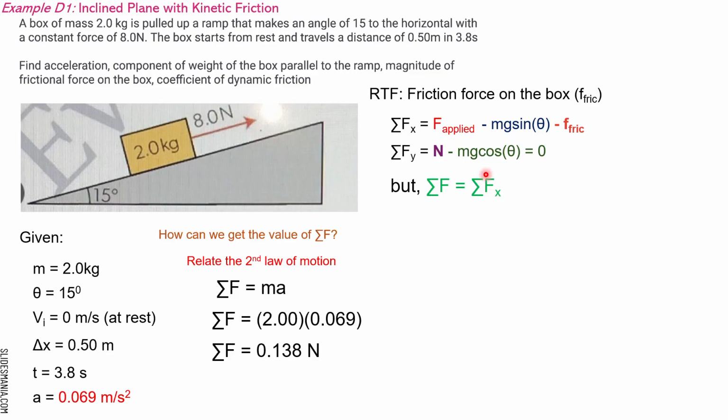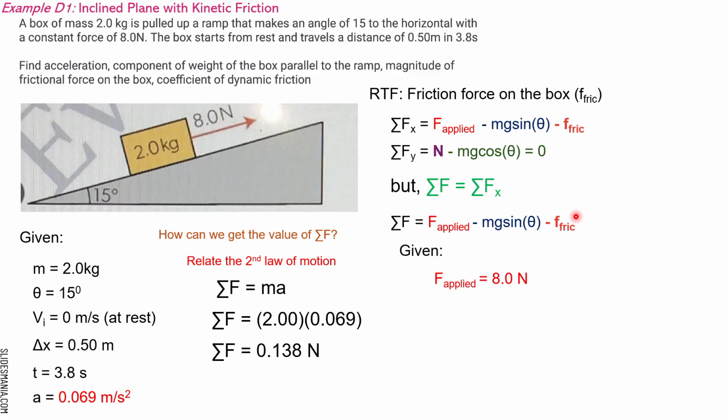So going back to our equations, since we have established that Fy is simply equal to 0, this leaves us with this: the net external force applied to the object is simply equal to the net external force applied to the object in the x-axis. But because we know the applied force and we know mg sine theta, the frictional force is our missing quantity.